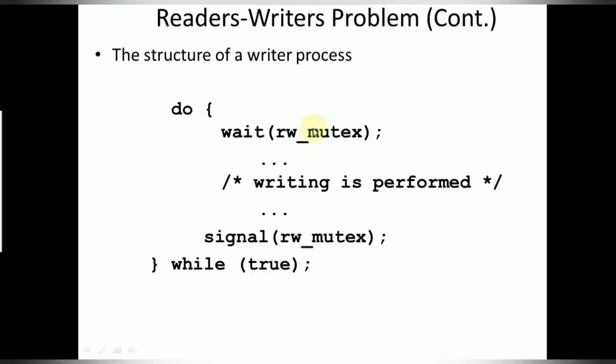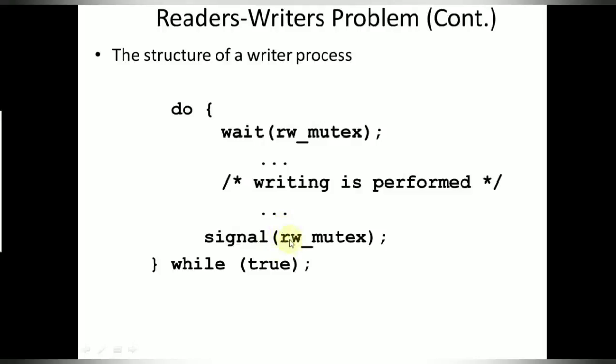Once it has run wait of read-write mutex, until it releases or unlocks, no other writer can write. So if process 1 is acting as a writer process, process 1 runs wait read-write mutex. Once it completes the execution, it runs signal read-write mutex.